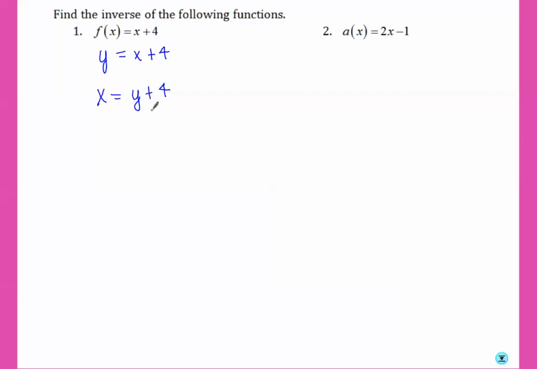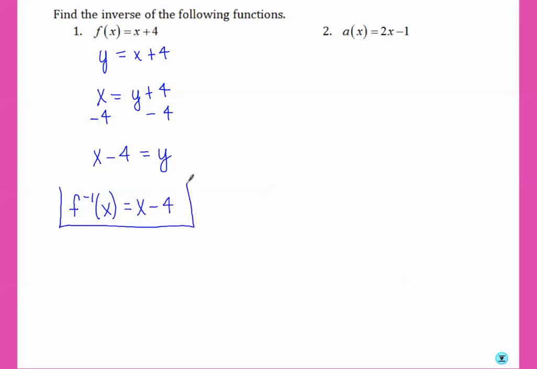So to get y by itself, we're going to subtract 4 on both sides, and we'd have x minus 4 equals y. And then for our final answer, we need to rewrite y. Instead of y, we're going to put our inverse notation. So f inverse of x equals x minus 4. And that's all you have to do.